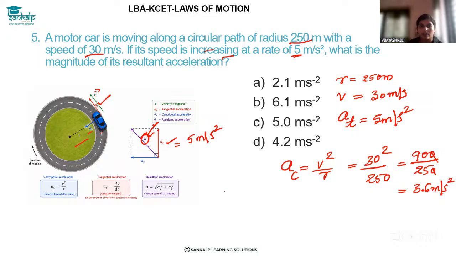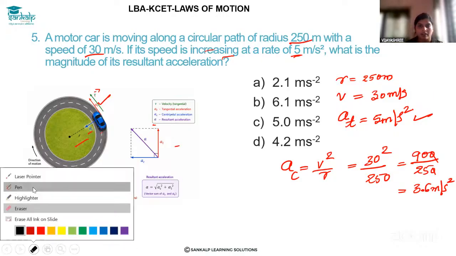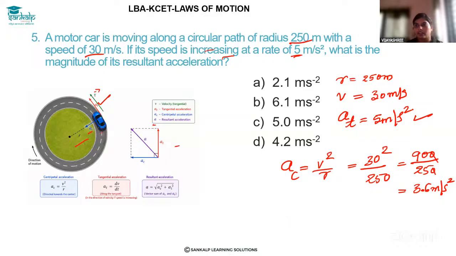Okay, now we have AC and AT. Taking the resultant of AT and AC, the diagram is already given here, so I don't need to draw it. The resultant of AT and AC is A. Now let us find the magnitude.